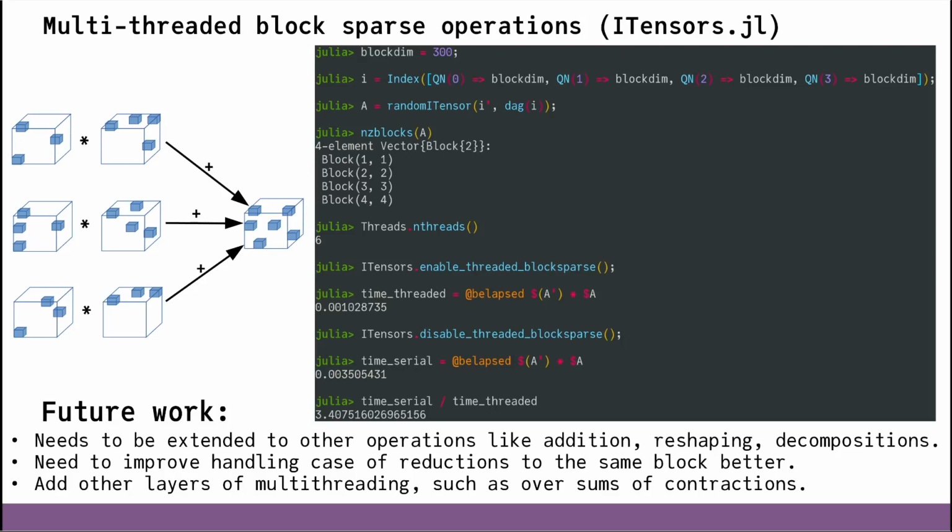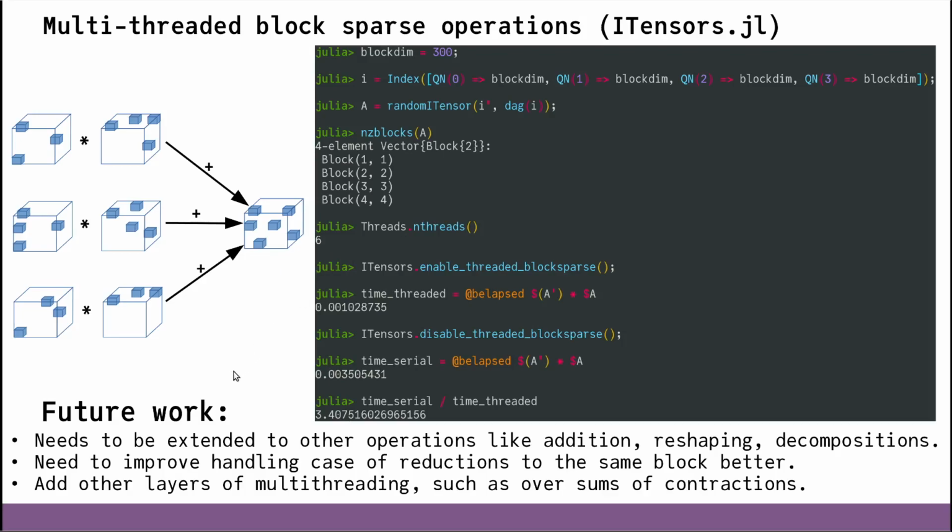Essentially, if you initialize a block-sparse tensor that you want to contract, and you start Julia with a certain number of threads, and you enable threaded block-sparse contractions, when you perform a tensor contraction, we will multi-thread over some of the blocks which will contract with each other, and you can get a decent speed up. So here we get a 3.5 or 3.4 times speed up for 6 threads.